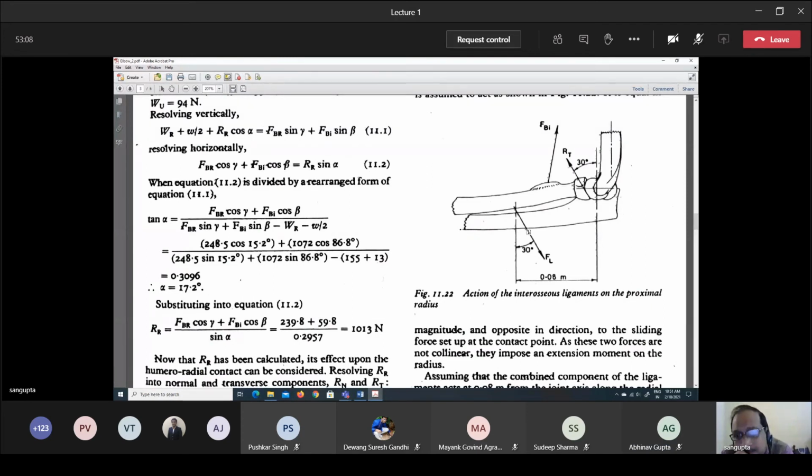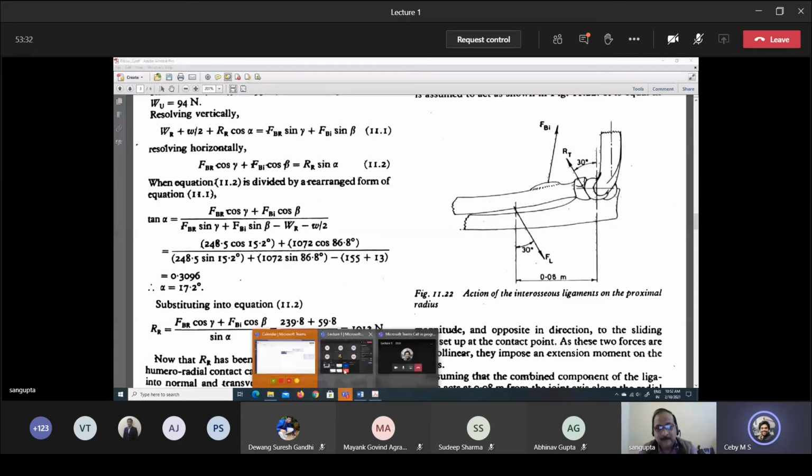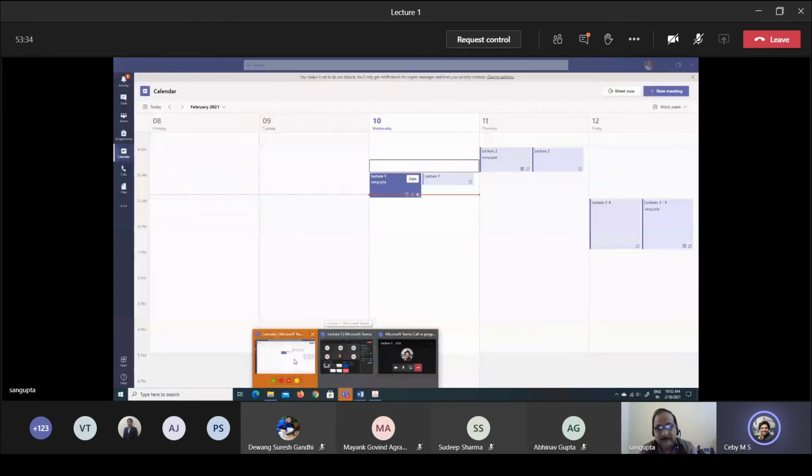Sir, I would like to add something. Yes, go ahead. I was just searching on the internet regarding this anterior capsular ligament, and I found a document related to elbow anatomy and biomechanics. They are discussing that this anterior capsule becomes taut in extension and lax in flexion.